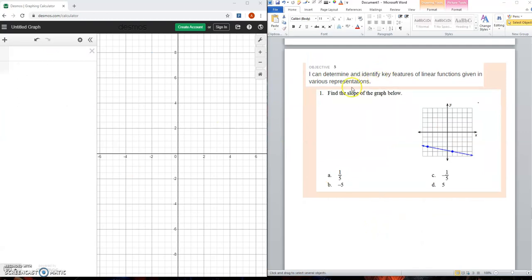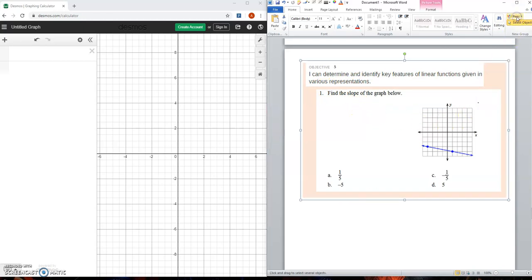Last and final objective, I can determine and identify key features of linear functions given in various representations, and in this case, we're asked of the slope. Guys, slope is rise over run. If you take a look at your 2 points, you can go both ways.